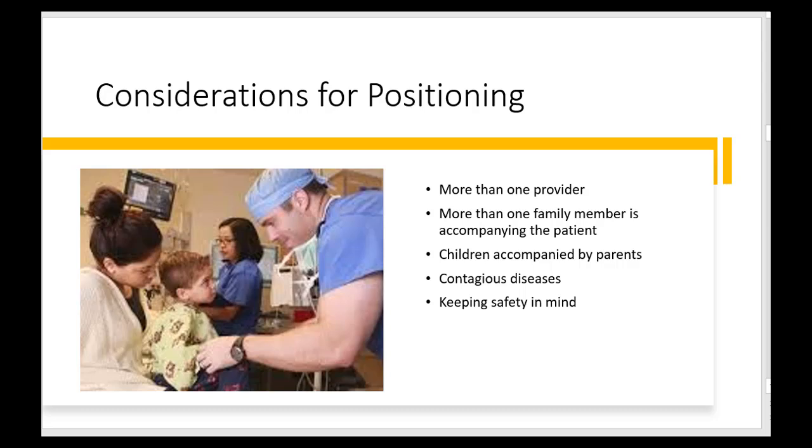If you have more than one family member accompanying the patient, in that situation, again for room, you may have to move to the side of the provider. If the patient, for example, is a child, or the patient is surrounded by family, then you can't say, excuse me, family, you need to move because the interpreter needs to be next to the patient, right?